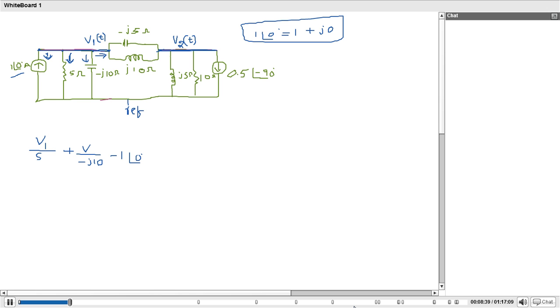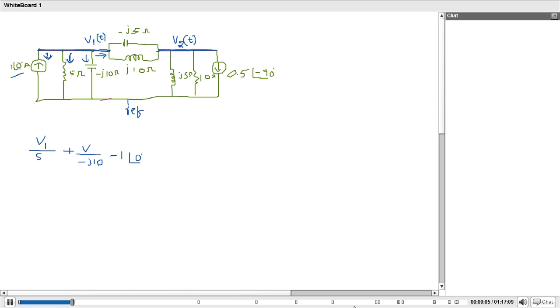So then, these three currents. How did you get V1 by minus j10? Is that the current through the capacitor, sir? Yeah, the V1 by minus j10, the capacitive reactance is minus j10 ohm.